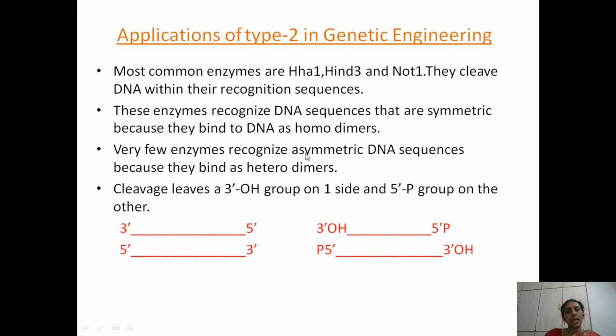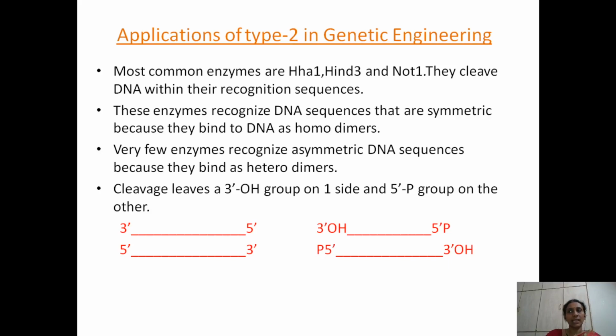And if they bind to asymmetric sequences, then they bind as heterodimers. That is, the two subunits are different from each other. Asymmetric sequences means we cannot read them the same from both sides. We get one sequence when read from one direction and another sequence when read from the other direction.